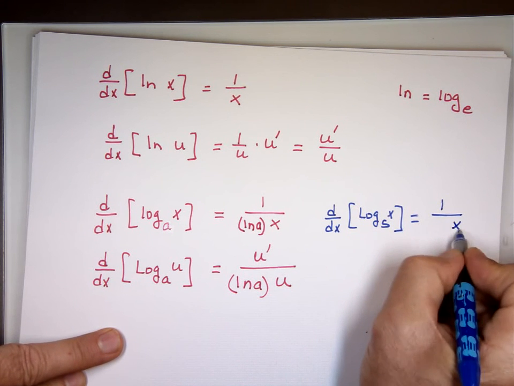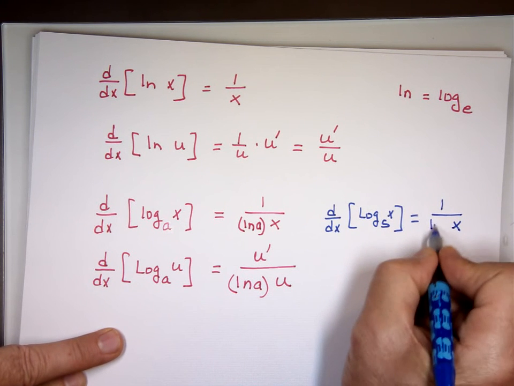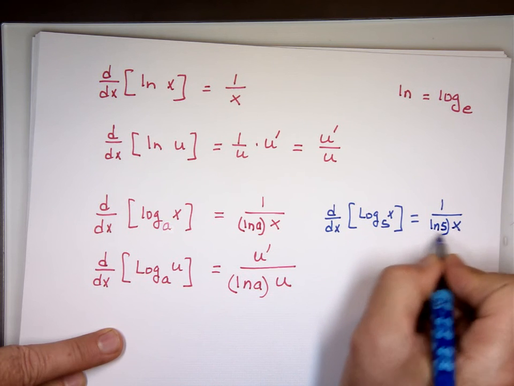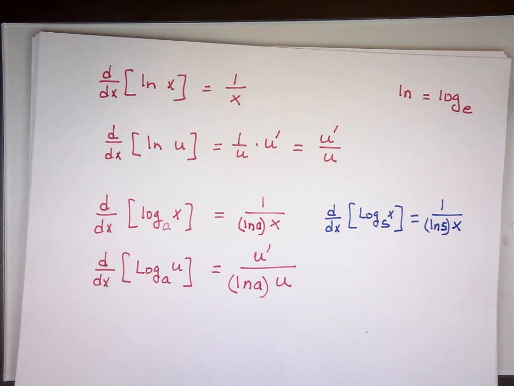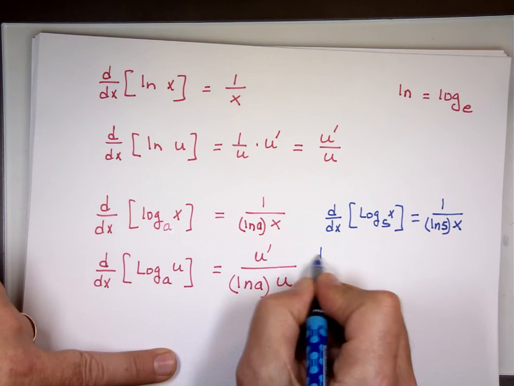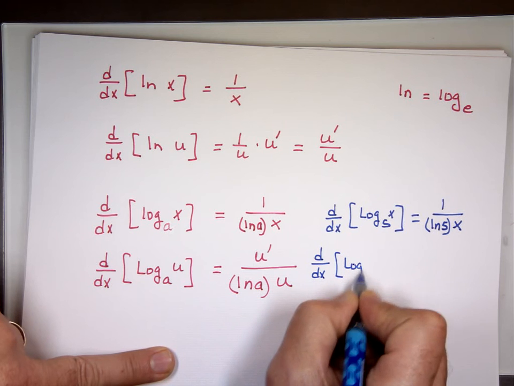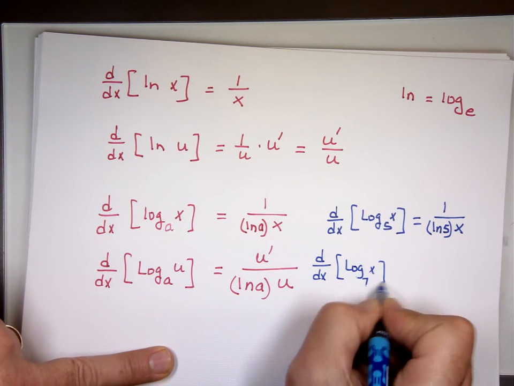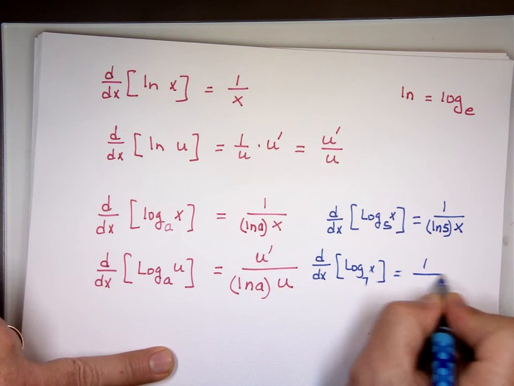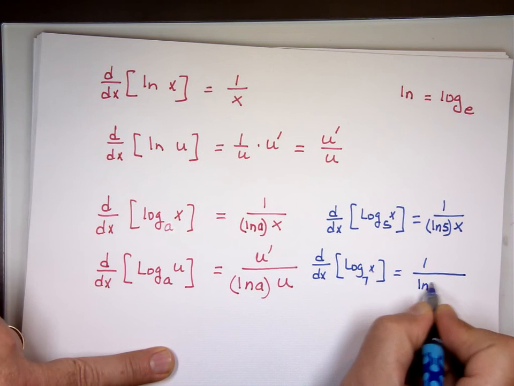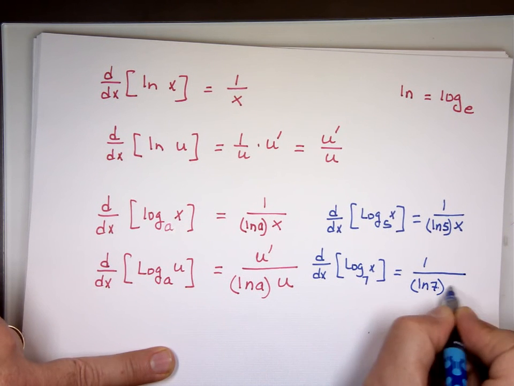That becomes ln of 5. What's the derivative? Log base 7 of x. 1 over ln of 7 times x. The natural log is 1 over x.